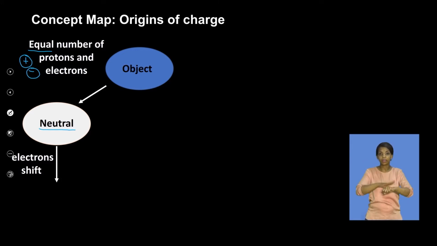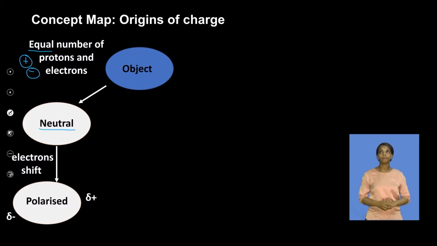Now, if we bring a charged material closer to a neutral one, as we'll demonstrate during the course of our session today, there is something called polarization of charge, whereby the electrons shift. Why is it about the electrons? We've already mentioned that electrons are the ones that are transferred between materials. If a material is polarized, it means one end of that material becomes more positive, while the opposite end becomes more negative.